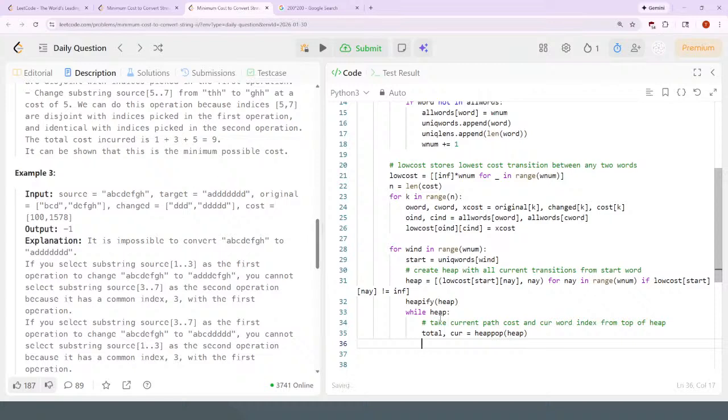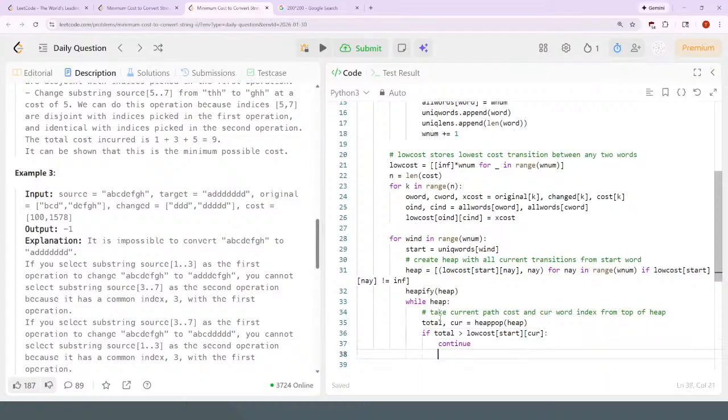And then for every... I don't know if this is necessary to be honest. If total is greater than the current low cost between start and this current thing, and continue.